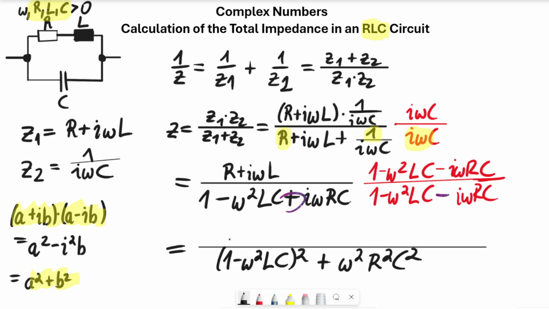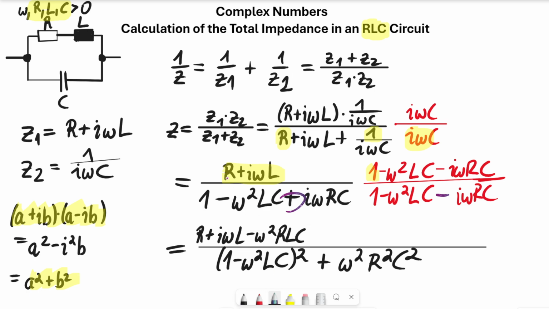And in the numerator, you just have to do the multiplication. So we start with R plus I omega L times the 1. This means this is just copying. Then the next is minus omega squared RLC.